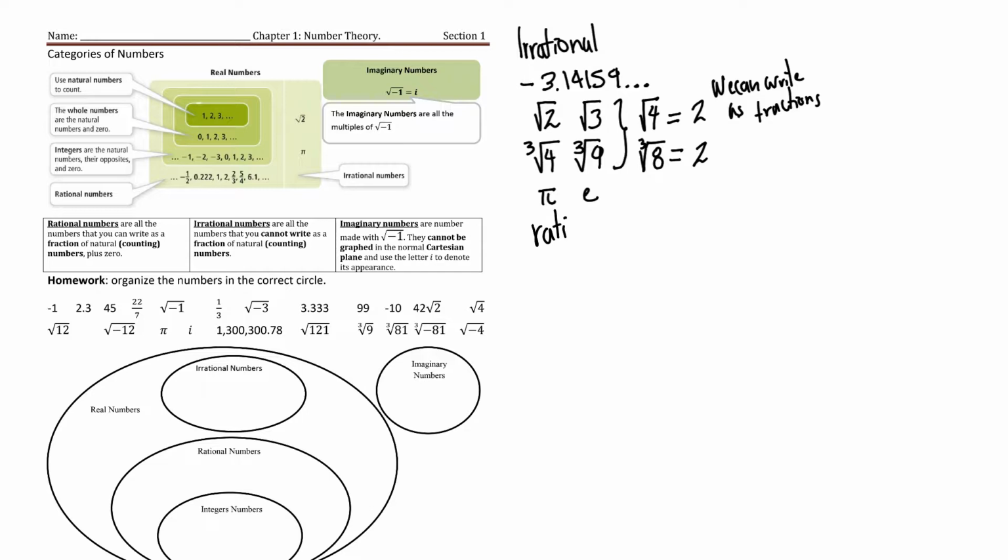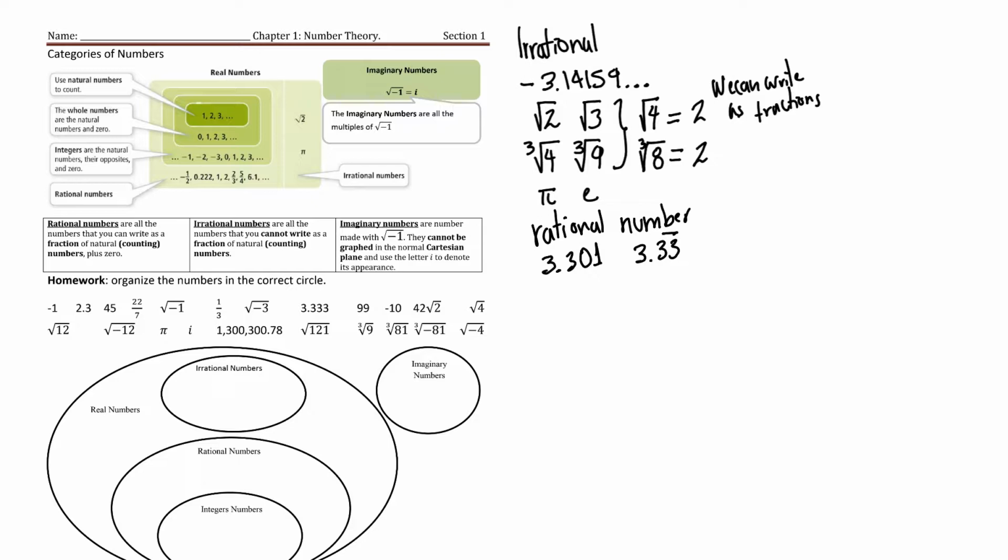Rational numbers are all the numbers that you can write in a fraction. Those include numbers that have decimals but finish, like say for example 3.30, or repeating decimals like 3.33 repeated. Okay, those two numbers can be written as a fraction.